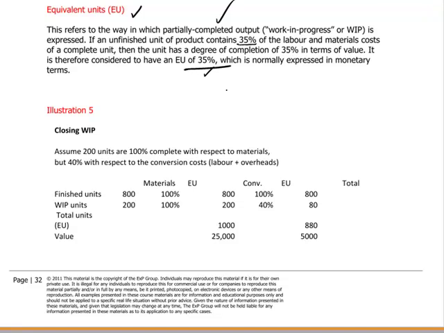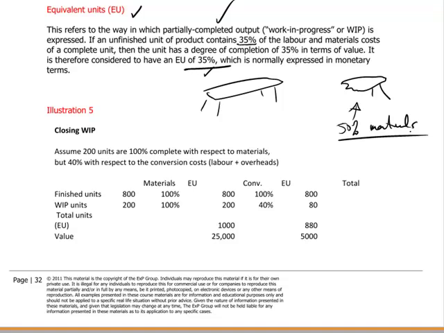Let's say we're producing a table and we haven't completed our production, we've only completed half a table. That suggests we've built in only 50% of the material costs and so on, or in fact of the total costs associated with producing a full table, only 50% are represented in the half table. We could say that this half table has an equivalent unit of half a table.